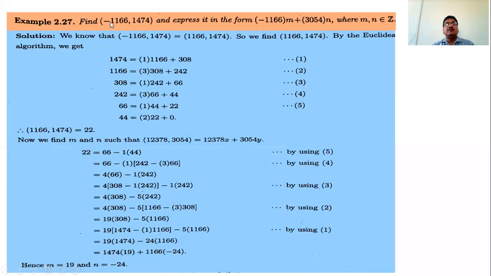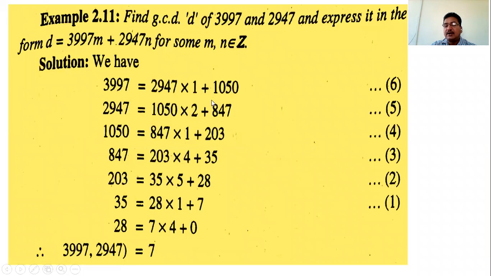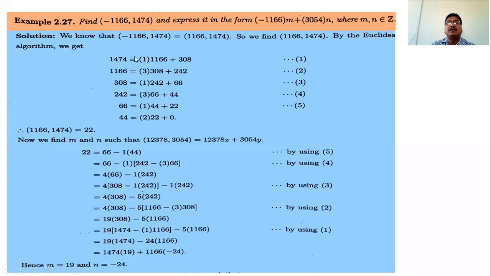So if one of the two numbers is negative, or both are negative, then delete that negative sign and only consider the positive numbers. If both numbers are negative, then delete those negative signs, because the greatest common divisor of positive and negative numbers is the same. Remember this problem is different from the previous problems, in that one number is negative.